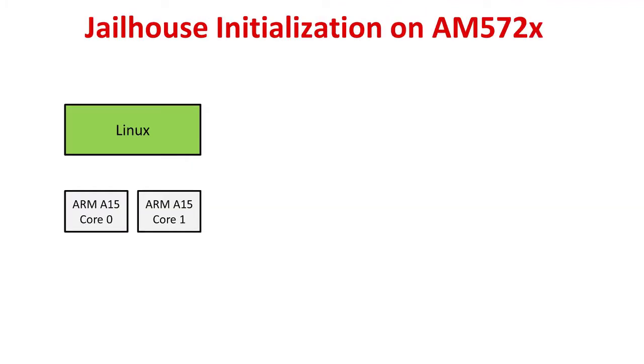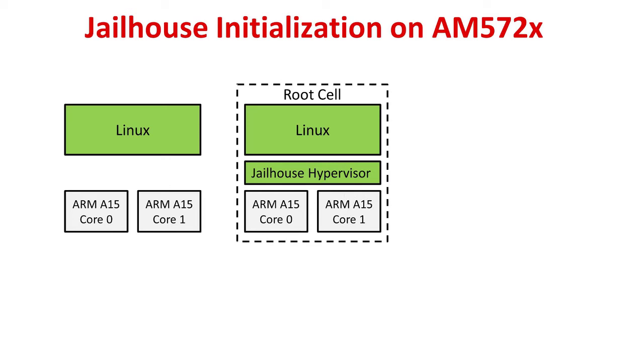Before we begin the demonstration, let's take a high-level look at the Jailhouse hypervisor initialization process. The AM572X has two ARM15 cores. Upon initial boot, Linux uses both the ARM cores. After enabling Jailhouse Hypervisor, Linux moves to the root cell, which still uses both ARM cores.